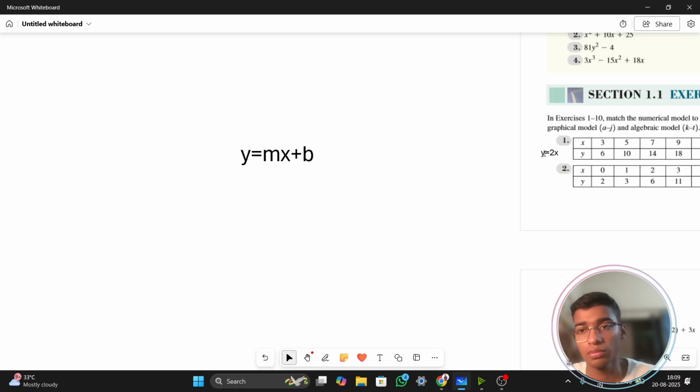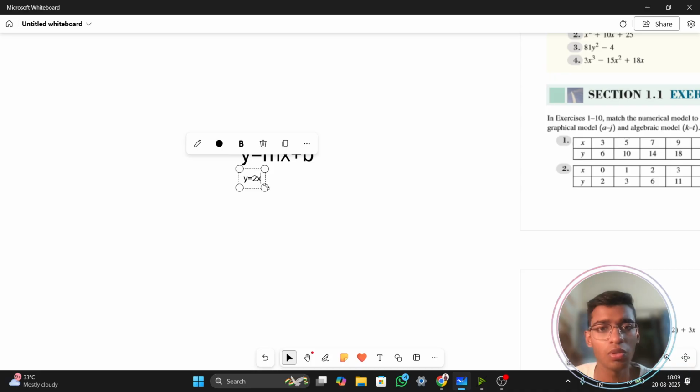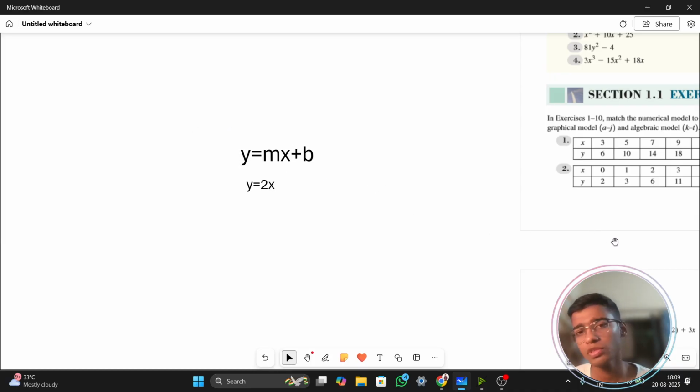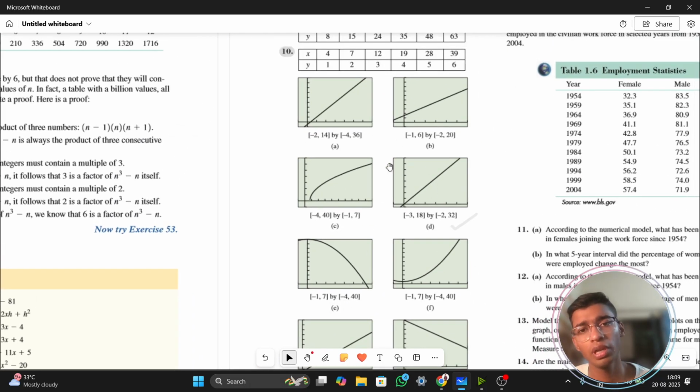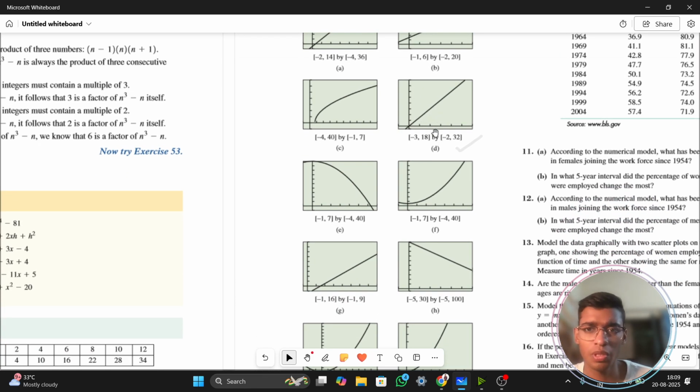Comparing these equations, the slope is a positive 2, so y equals twice x and the constant is 0. So it has to be a straight line passing through the origin. That is option D. The D option is the answer to the first one, because it is a straight line passing through the origin.